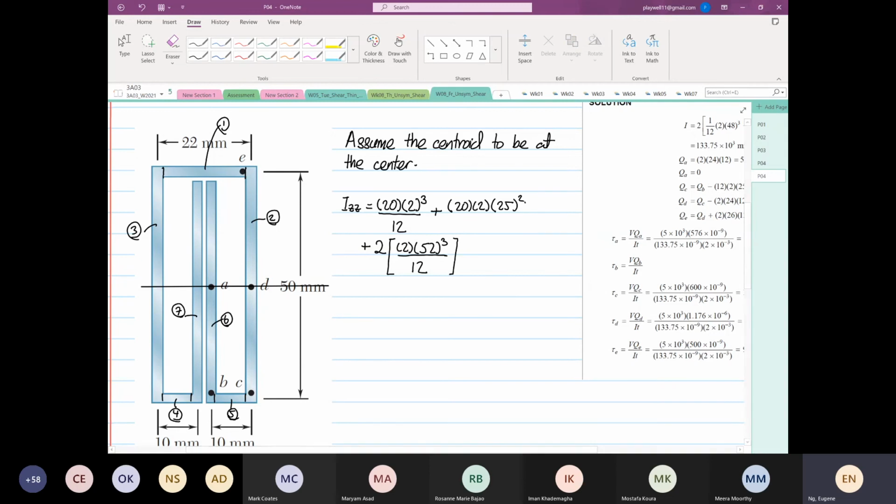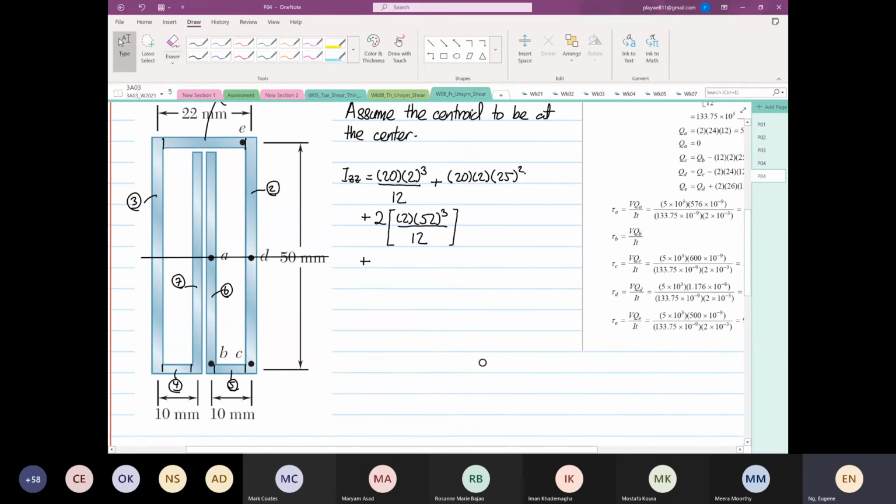Okay, then plus this is section 4 and 5. Okay, so section 4 and 5, so twice. Okay, twice the width now, so take 1 from, so the width is 8. The depth is 2 cube divided by 12.